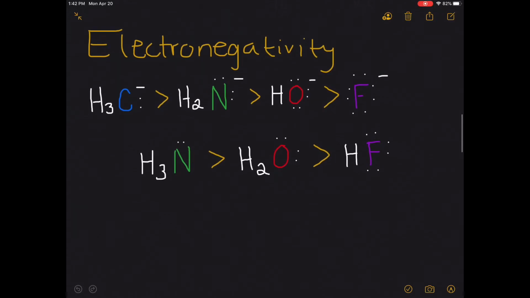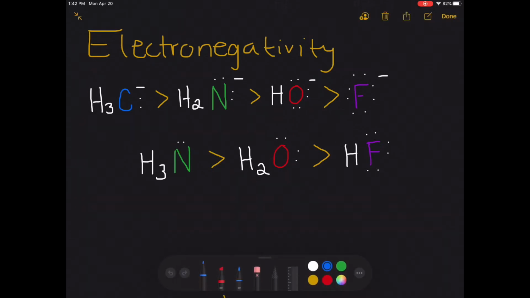Next is electronegativity. The lower the electronegativity, the higher the nucleophilicity. If you look at a periodic table, the trend of electronegativity will be up and to the right. And right there, we will find fluorine.